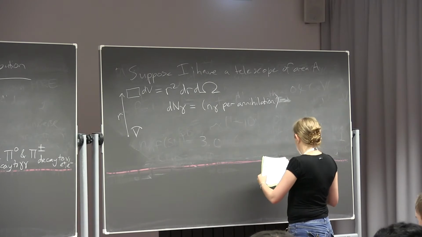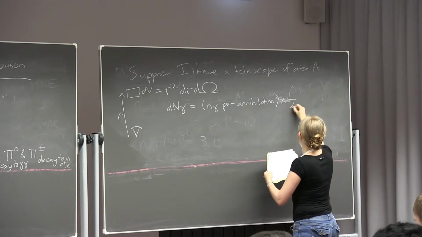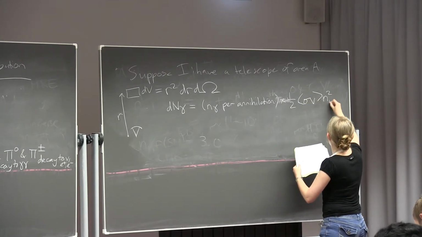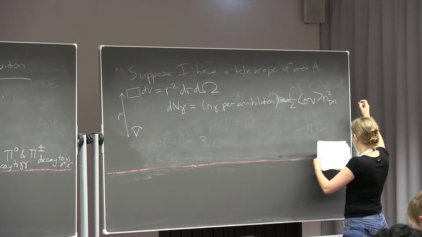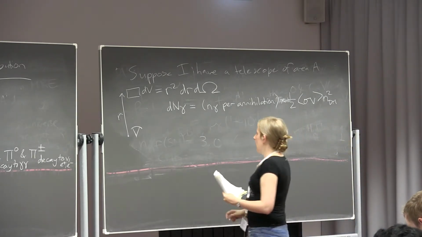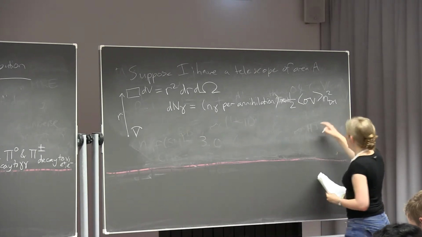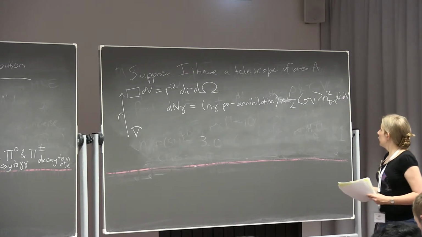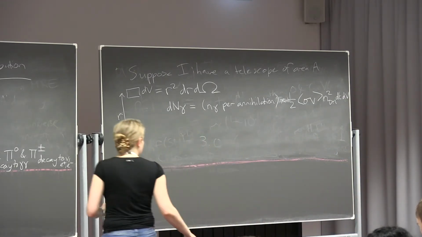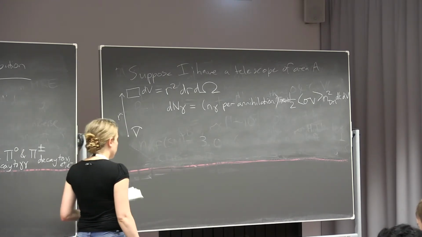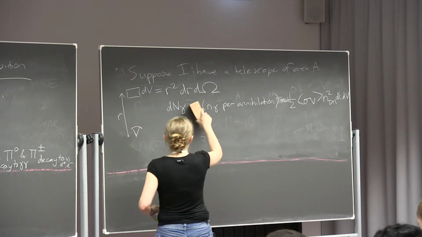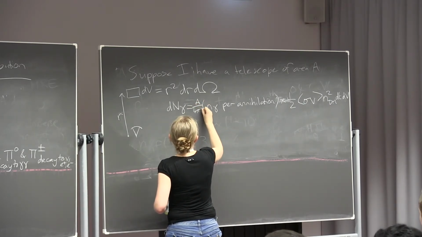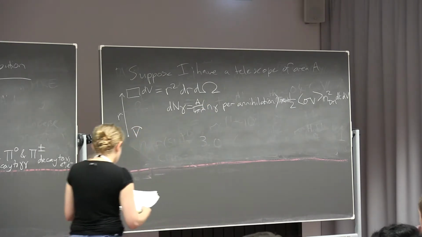For annihilation, the rate of annihilations we said earlier is going to be a half sigma v times n_dm squared. This is the rate per volume per time, so I multiply by the time dt I look at it for and the volume of my box. That's the total number of photons coming out of this box. The total number of photons that I actually see is that multiplied by the area of my telescope over 4 pi r squared.